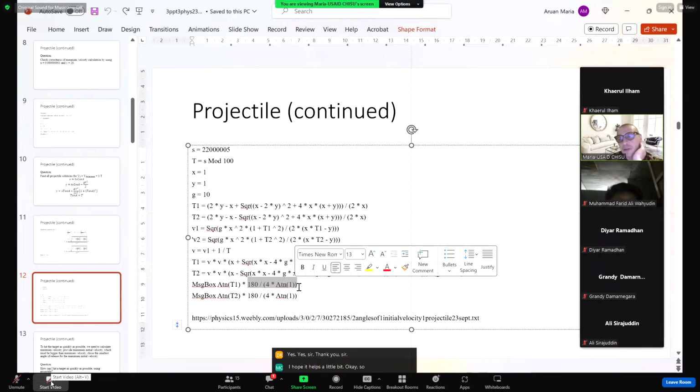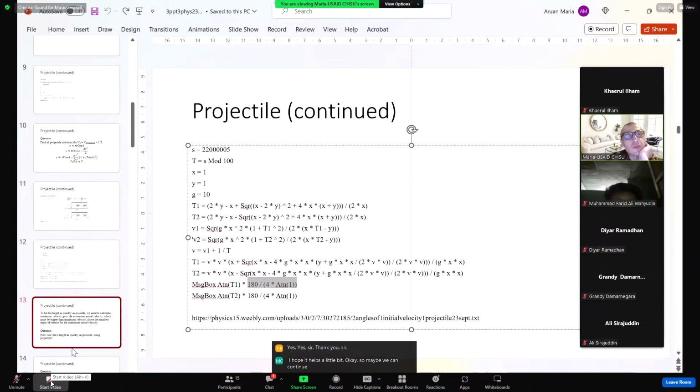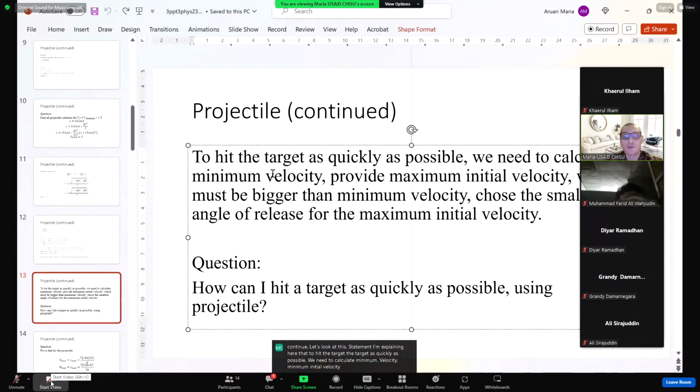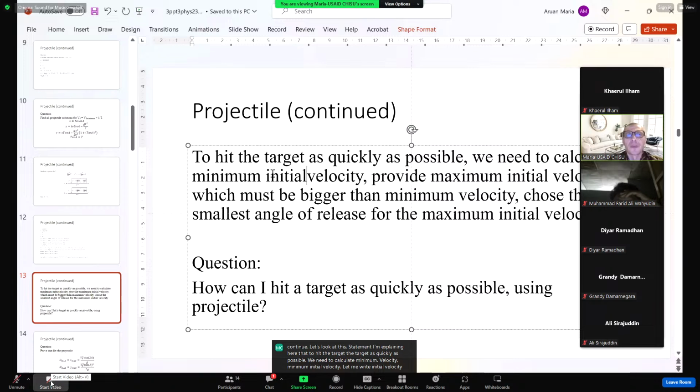Okay, so maybe we can continue. Let's look at this statement. I'm explaining here that to hit the target as quickly as possible, we need to calculate the minimum initial velocity and provide the maximum initial velocity.